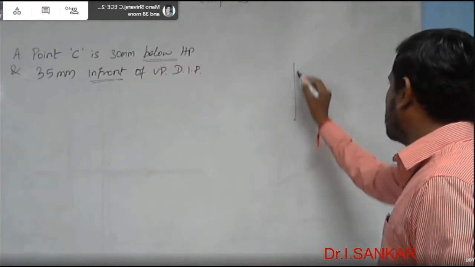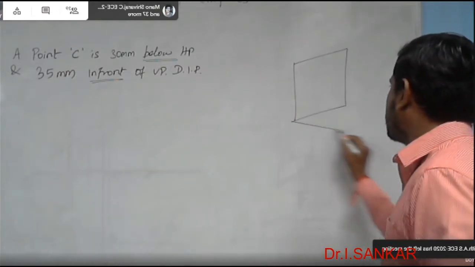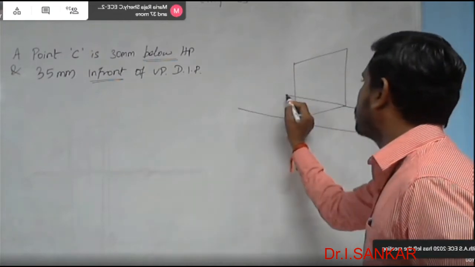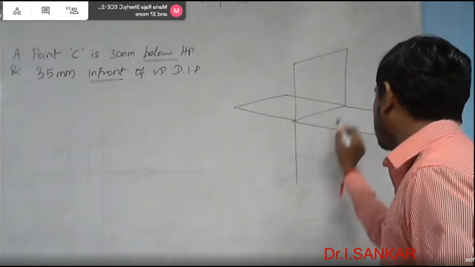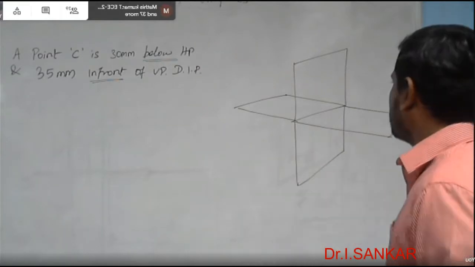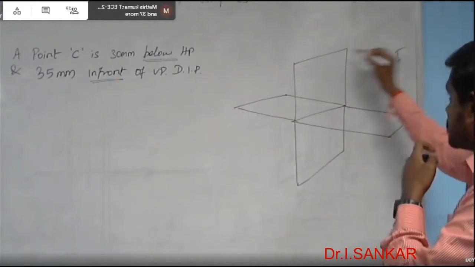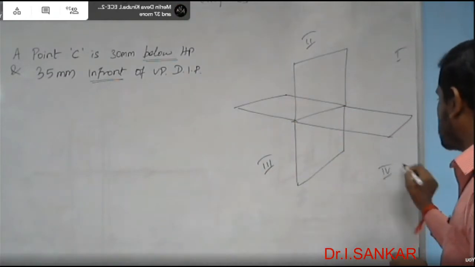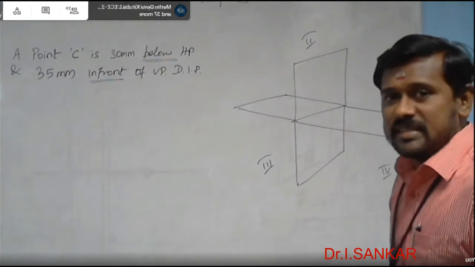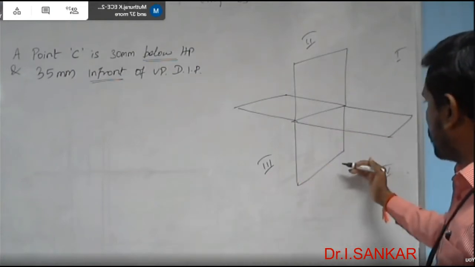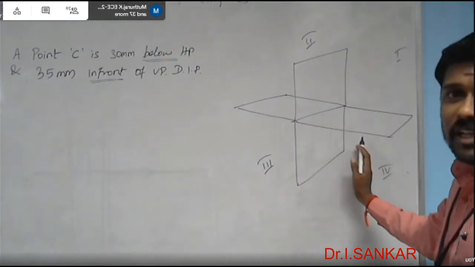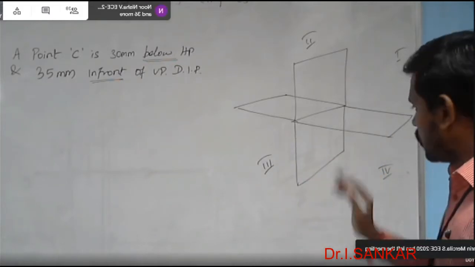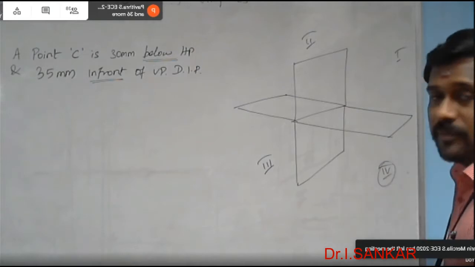Once you consider the environment diagram, so it's your first quadrant, second, third and fourth quadrants. The current point C is located below the horizontal plane and in front of the vertical plane. So the only choice is the fourth quadrant.